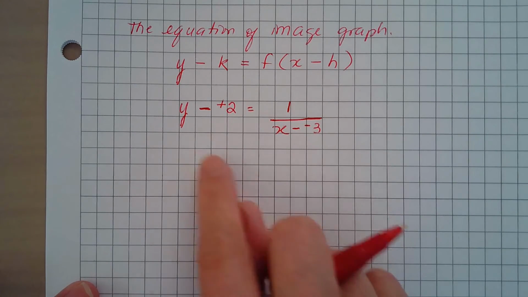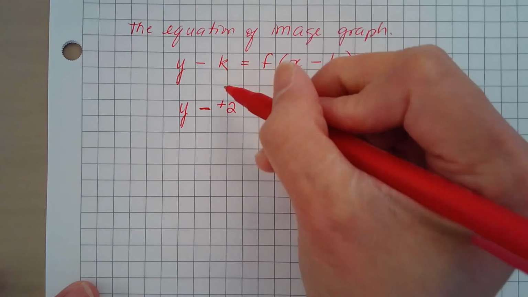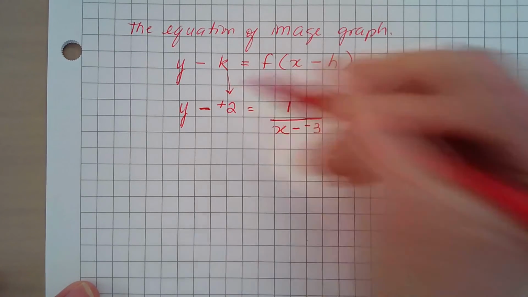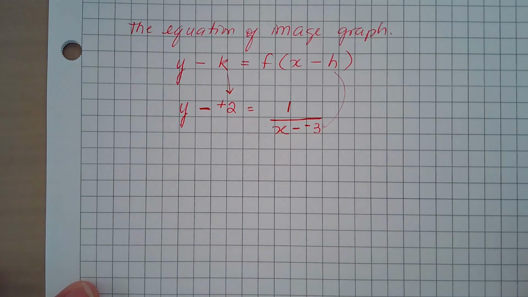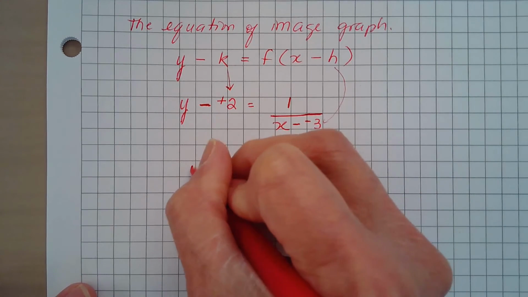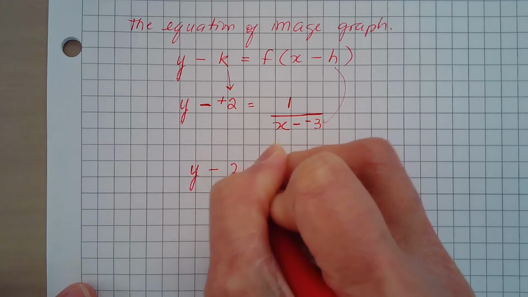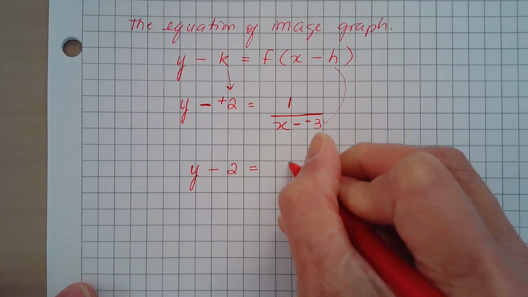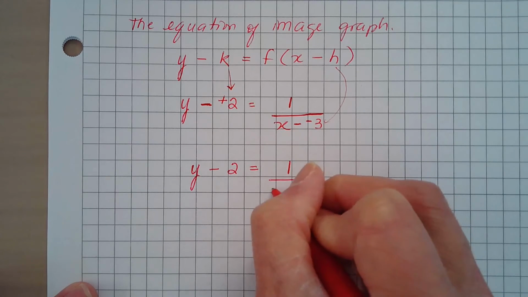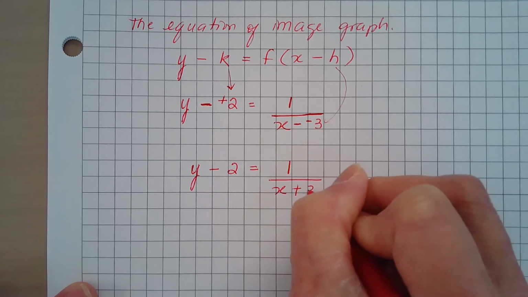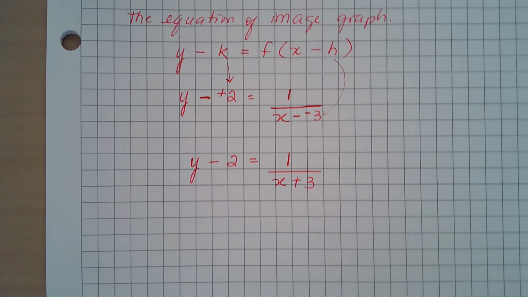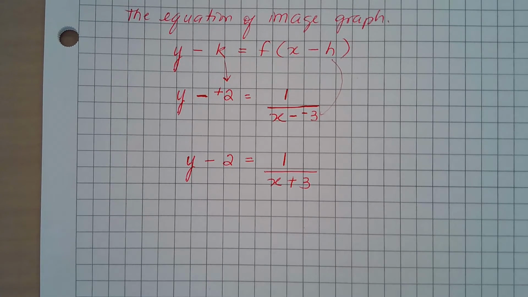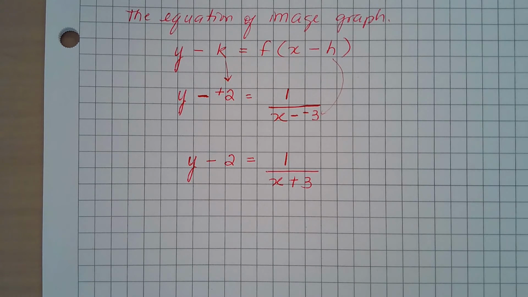Okay, so the k we substituted with a 2, and then the h we substituted with a -3. So now it looks like y minus 2 equals 1 over x plus 3. Okay? No more f because this is a very specific reciprocal function. Okay? Is that good?